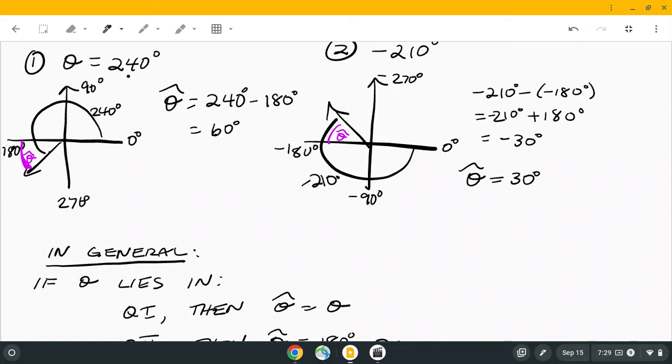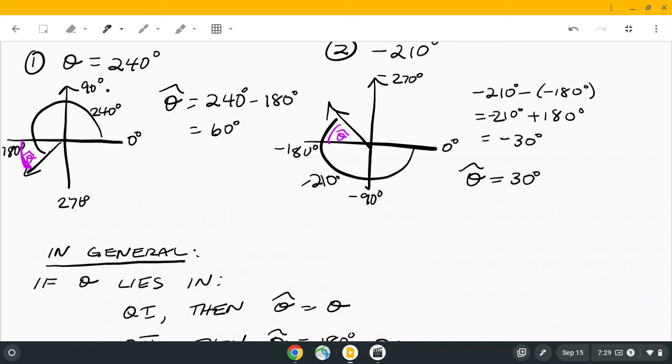Here, 240 degrees has reference angle 60, and sine is negative, so it would not be positive square root 3 over 2, but negative, because sine values in this quadrant are negative.